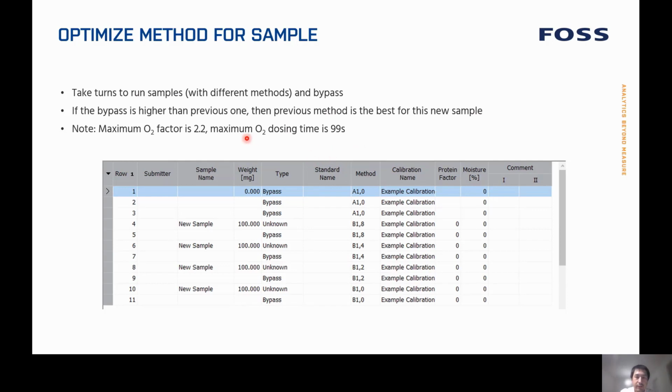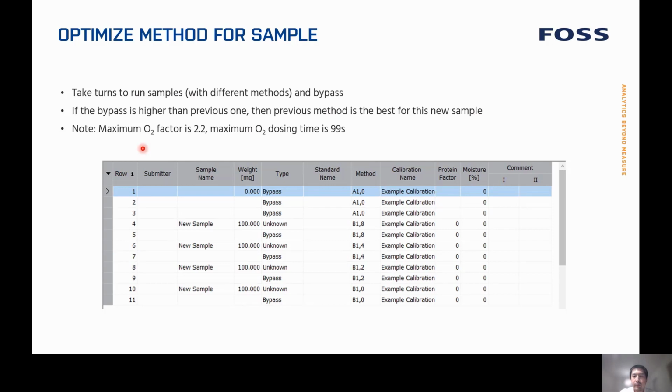The oxygen dosing time is calculated based on the flow rate and the oxygen amount. For example, if you have a 200 milligram sample and use method B1.4, the oxygen amount in the method is 200 milligram times 1.4, that is 280 milliliter oxygen. Then if you use method B, 280 divided by 2 is 1.4 minutes.